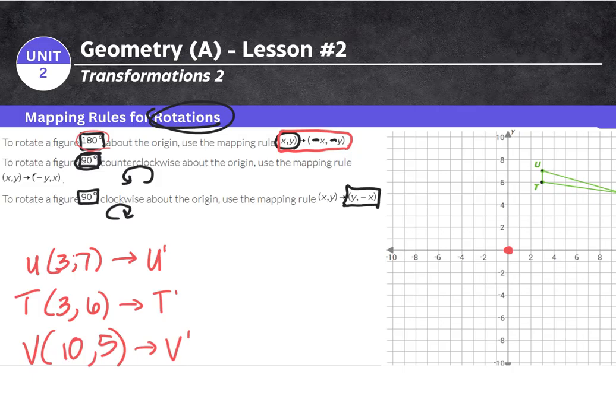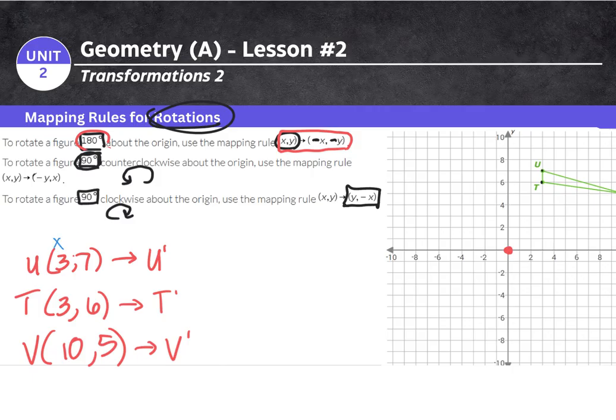So now let's go ahead and rotate it 90 degrees counterclockwise. So taking a look here, our rule is we're going to flip them. Okay, so we're going to flip our X and Y value and then change the sign of the Y. So I'm going to change to blue here.